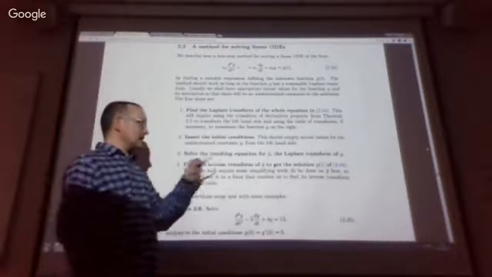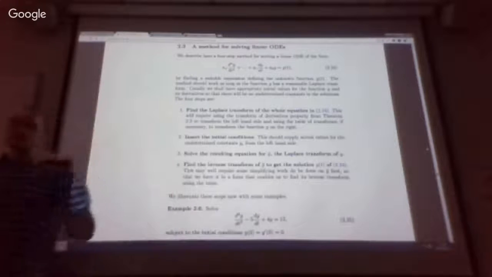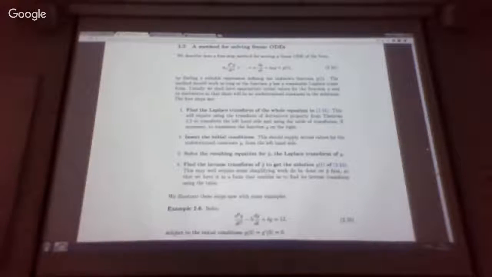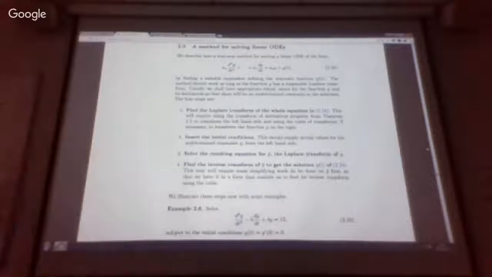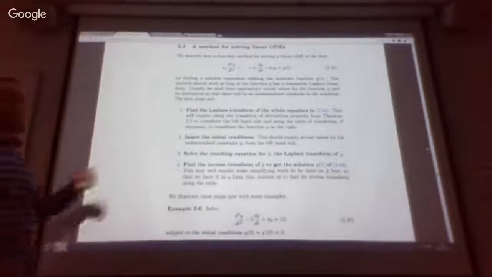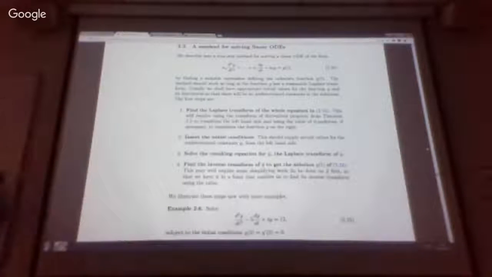And this last step, while it's a bit glib as it said there, you just take the inverse transform of it. But if you're doing it with pen and paper, armed with the table of Laplace transforms, quite often there'll be some preparatory manipulations you need to do, such as using partial fractions or re-expressing the denominators, factorizing them, and so on, in order to cajole the thing you're looking at into a linear combination of things that are on the table.